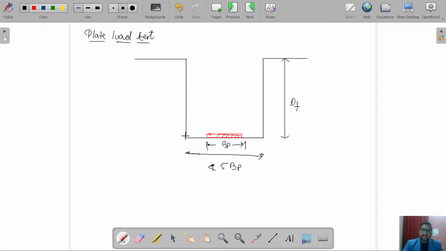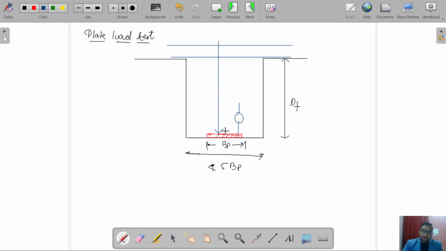Now, using a jacking mechanism, we apply load over this plate, and using dial gauges, we measure the settlement of the footing with the application of load.